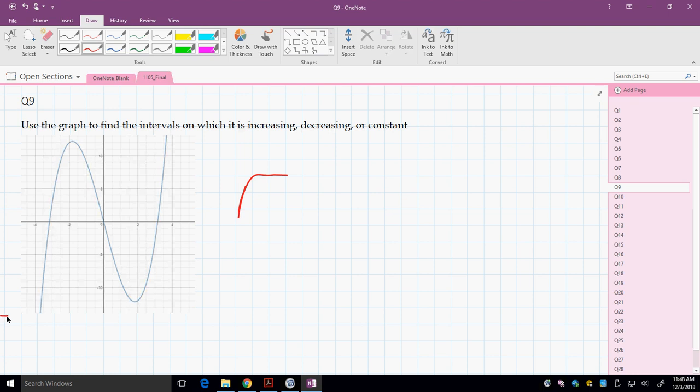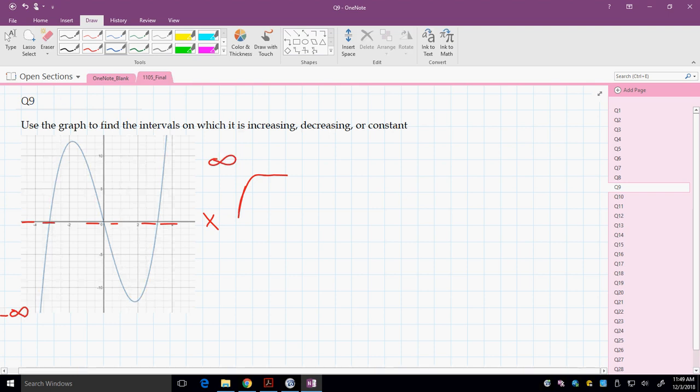Anything coming from here is going to be negative infinity, and anything that goes to the right side is going to be positive infinity, and we're only looking at the x-axis when we are looking for the increasing or decreasing. So we're going to look at our values for the x-axis.